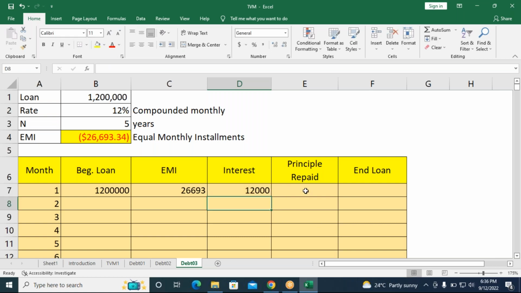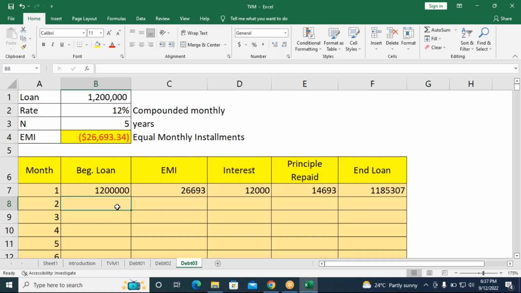So interest will be 12,000. Now, what is the principal amount that I am paying? When I remove the interest, that will be EMI minus the interest value. So it is 14,693. Okay, is equal to beginning loan amount minus principal amount. So how much is the amount that is remaining? It will be 11 lakh 85,000.